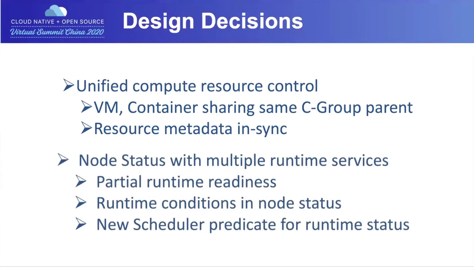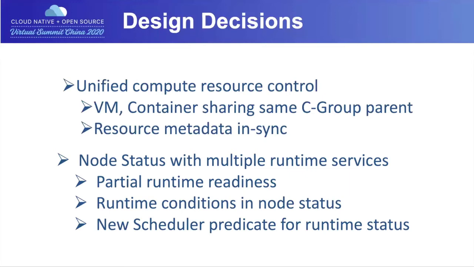Another one is to handle the node status with multiple runtime services on it. Recall the primary field in the runtime registry type. In Octus, with multiple runtime services on the node, we allow the cluster admin to elect one as the primary runtime service and use it to determine the node's runtime readiness.